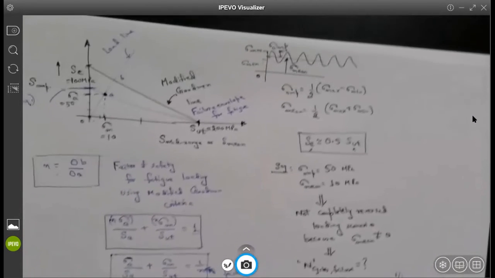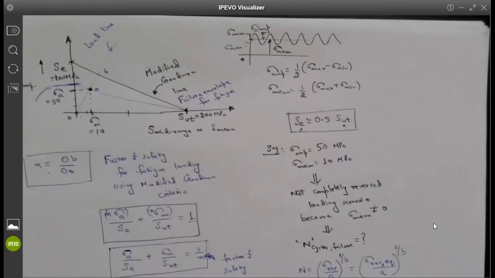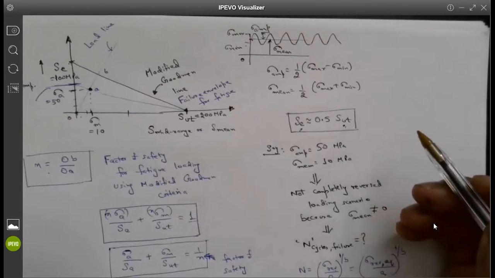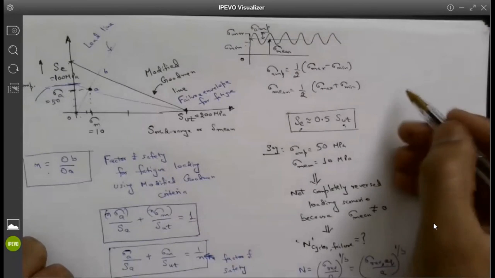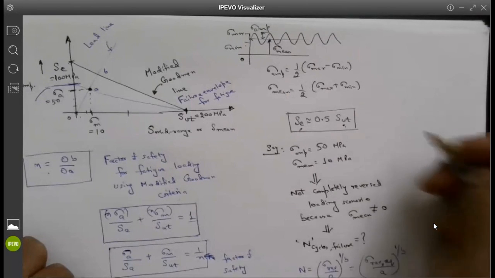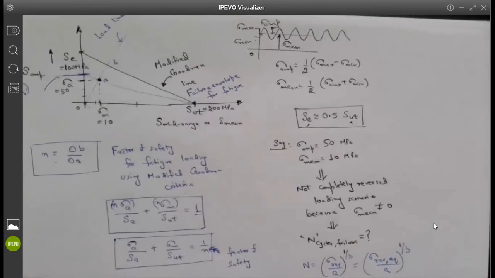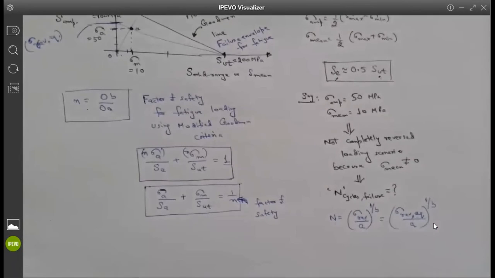So let me take one specific example that may help you understand the specific set of equations we are using here. Let me use a pressurized vessel case study.